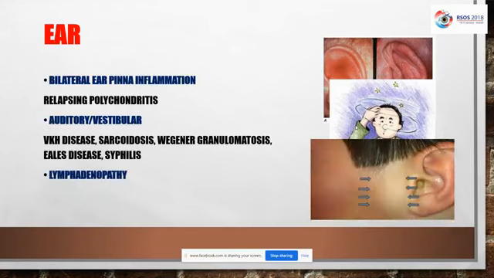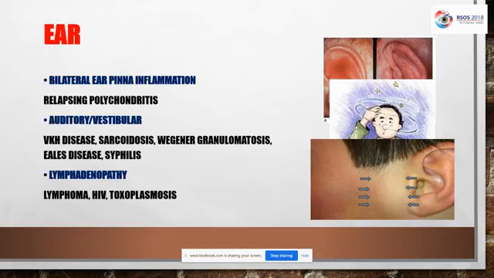Also, lymphadenopathy is one of the things that you should look for in those patients with uveitis. If there is a preauricular lymphadenopathy, if you have an enlarged lymph node, this means that you need to exclude lymphoma, HIV infection, and toxoplasmosis infection.